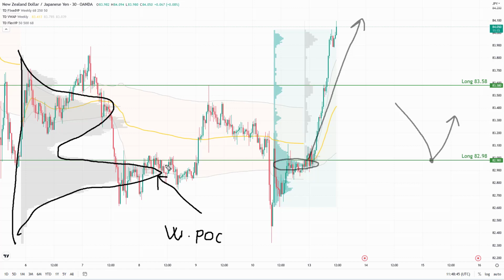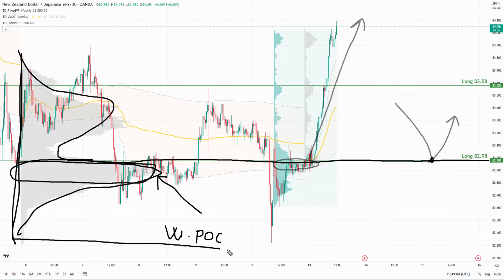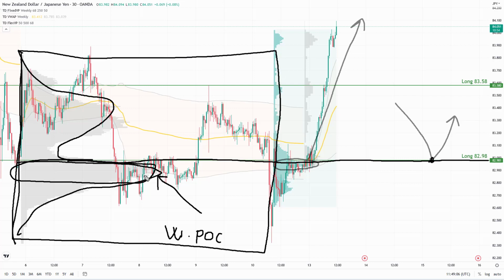And as you can see, it is just below our long level, and this heavy volume zone where that point of control is beginning at our level, and that definitely adds strength to the level, all right? Because it is telling us that the biggest trading activity throughout this whole week was in here, all right?